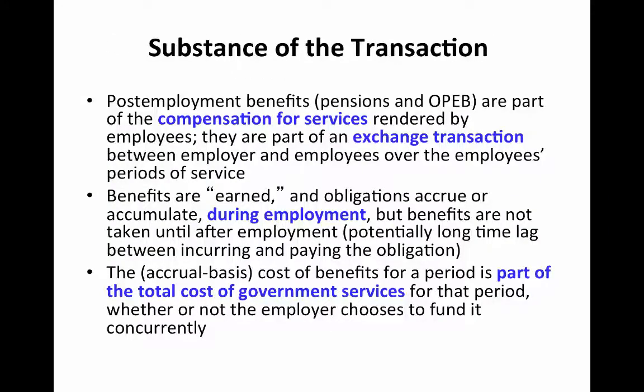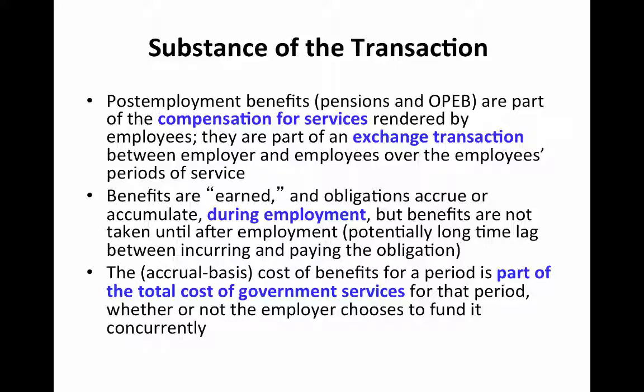It's important to understand how the GASB views the transaction between the government and its employees that results in this promise to provide OPEB as well as to provide pensions. As I mentioned, the GASB views this as a part of the compensation for service. It just is compensation that is deferred until after someone has retired.